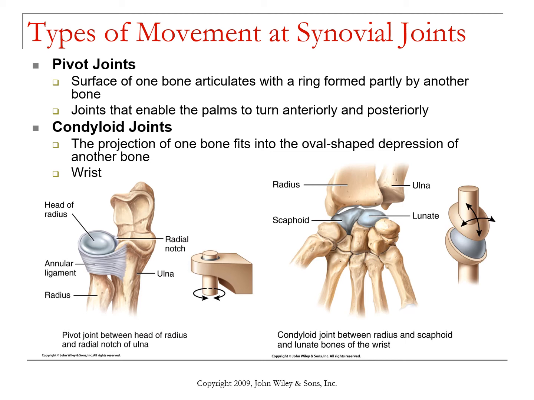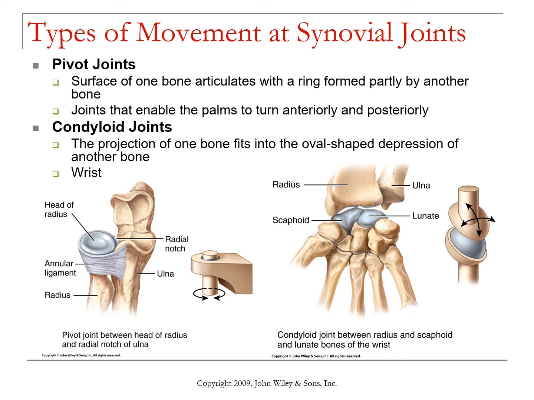Moving on to condyloid joints. In a condyloid joint, the projection of one bone fits into a shallow oval-shaped depression of another bone. An example of a condyloid is the radiocarpal joint at the wrist.